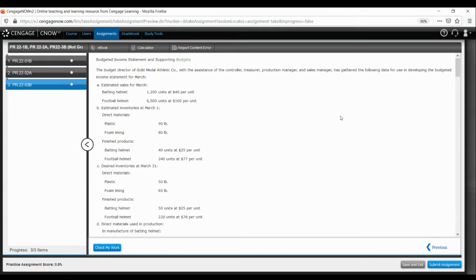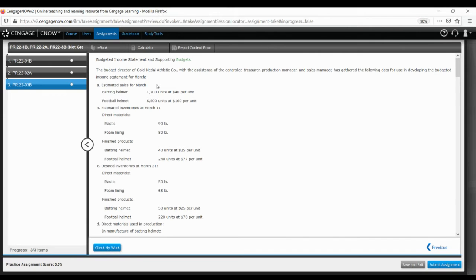So what you should do always is to read the instructions carefully. We are going to be doing budgets, as I said, for the Gold Medal Athletic Company. With the assistance of the controller, the treasurer, the production manager, and sales manager, they have gathered the following data for use in developing the budgeted income statement for March.